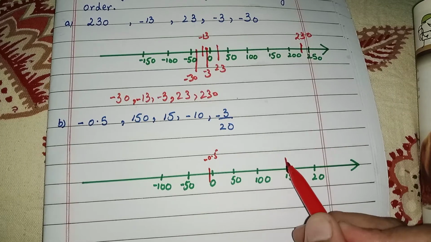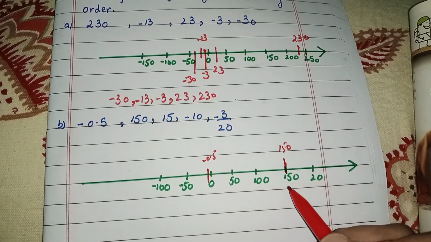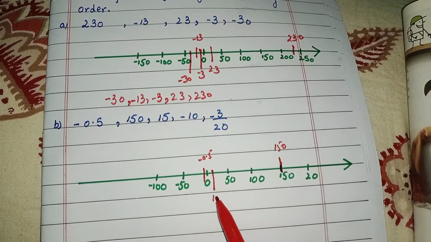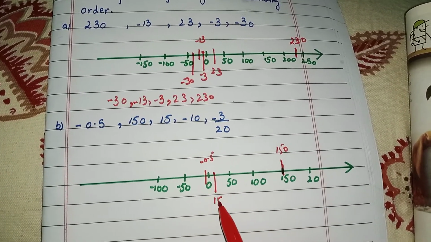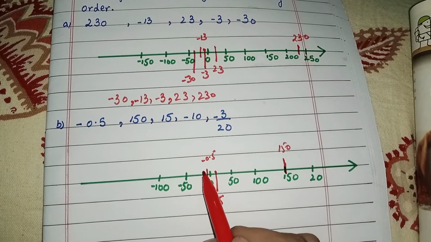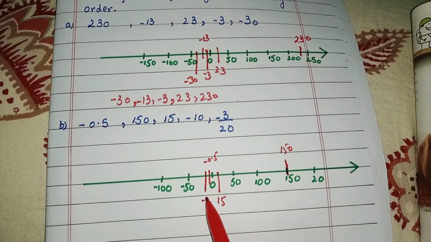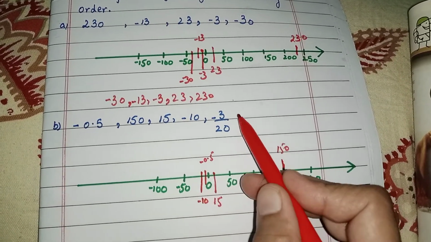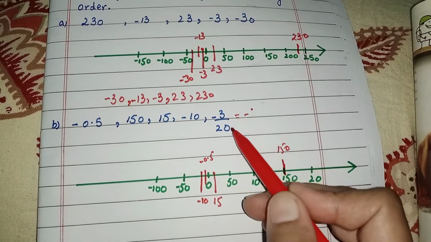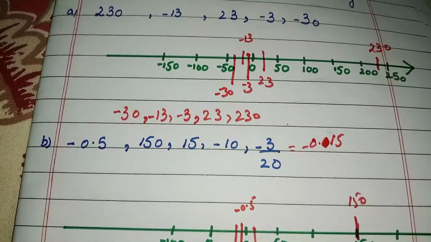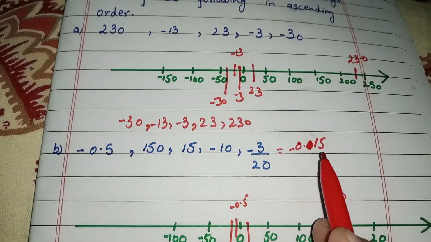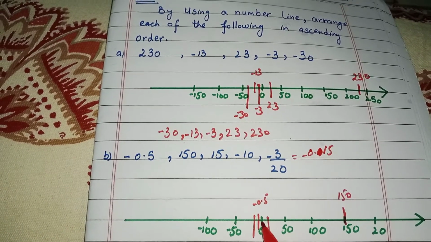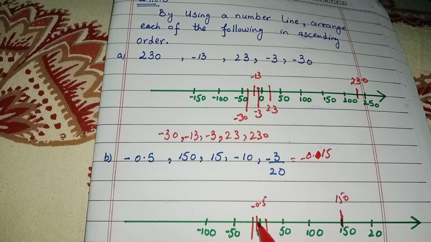Then 150, it is represented on 150. 15 is represented on the positive side just after the 0, and minus 10 is represented just before the 0, and minus 3 by 20, I write its value in decimal and it is minus 0.15. So it is between minus 0.5 and 0, represented here.